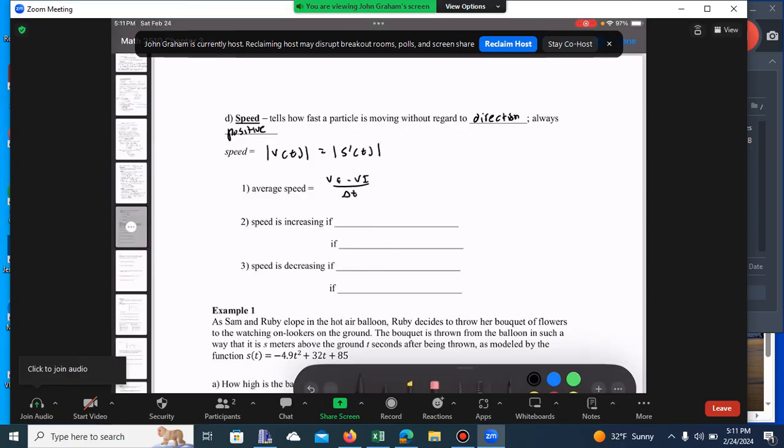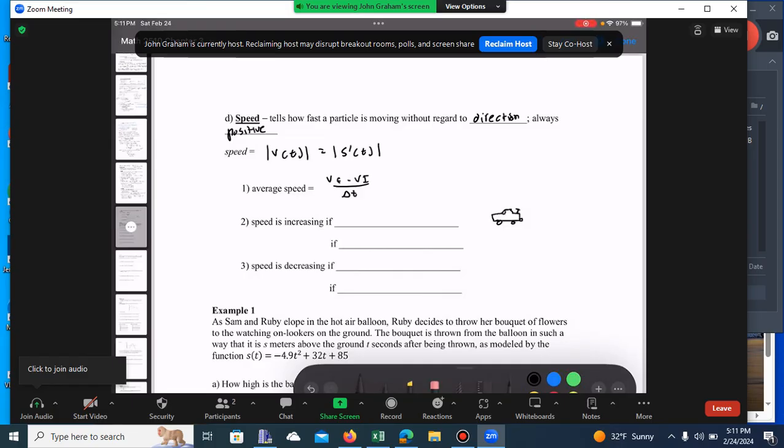Now, with speed, when you think of a car, let's make this the back end, so we know that's backwards.